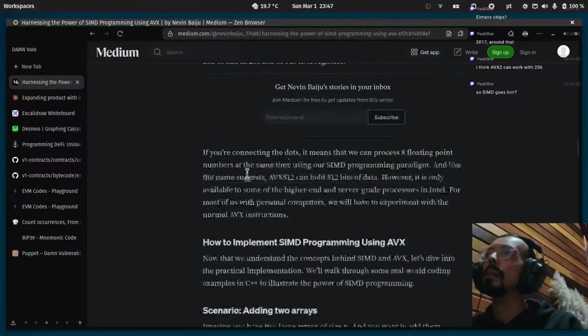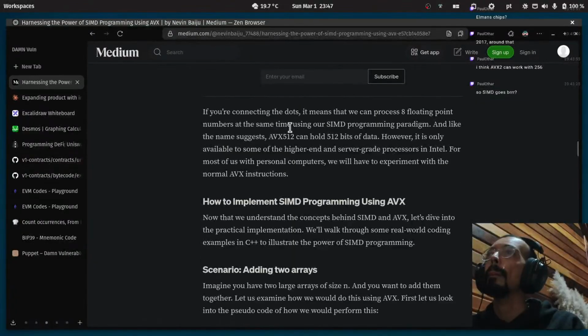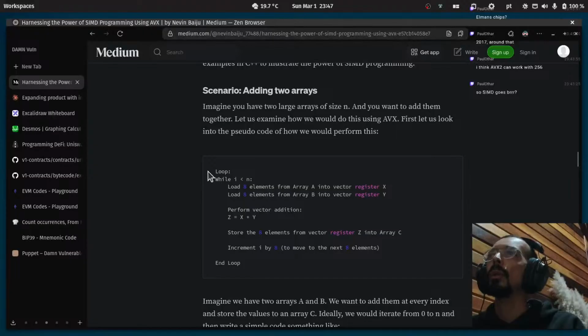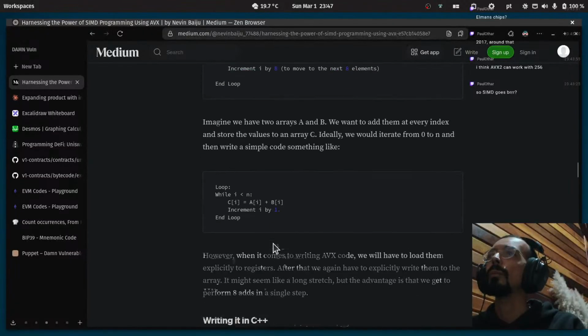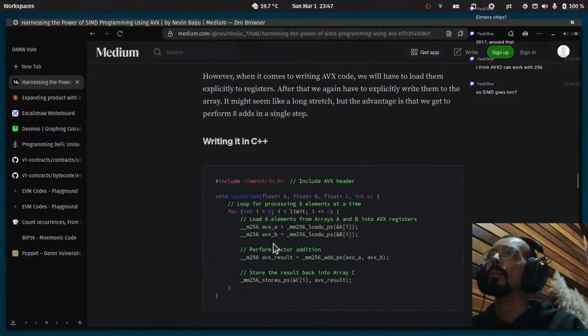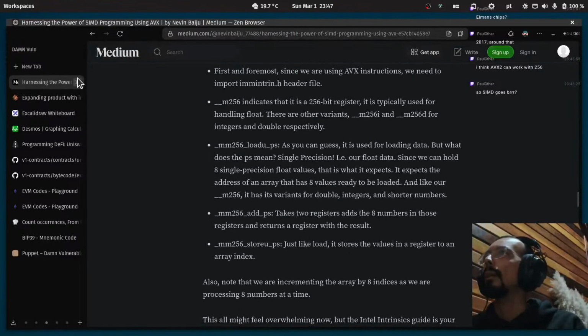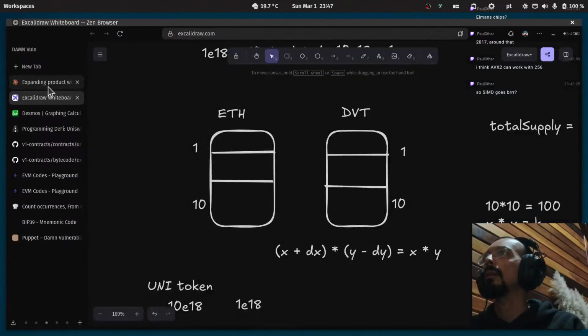So we have something to hold more, add into arrays. Cool. Nice. Talk directly with the processor.